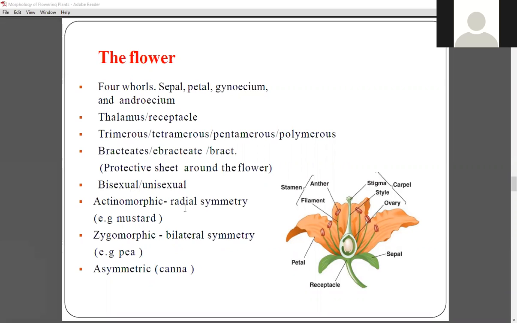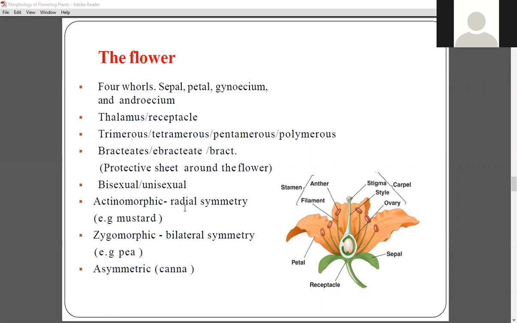That word was used when the sexes were not separate, that is, the male and female both are present in a single organism, and the example given over there was earthworm. In the same way in plants also, the flower is bisexual in nature. If the flowers are bisexual in nature, that means the male organs as well as the female organs both are present in a single flower.